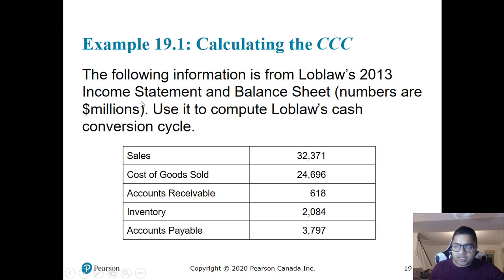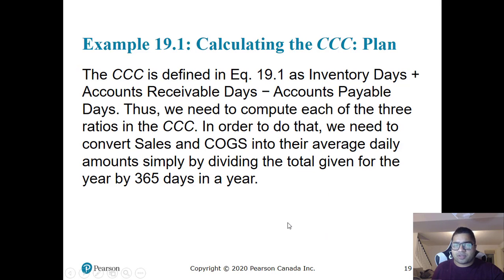Okay, so let's use that formula to compute it. The following information is from Loblaws 2013 income statement and balance sheet. Numbers are in millions. Use it to compute Loblaws cash conversion cycle. So sales is given, COGS is given. How do you compute average daily sales? Divide by 365. How do you compute average daily COGS? Divide by 365. Account receivable, inventory, and payable are known.